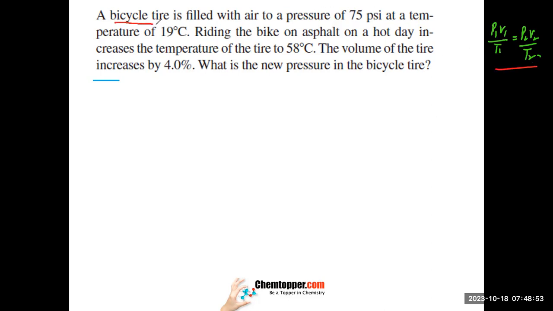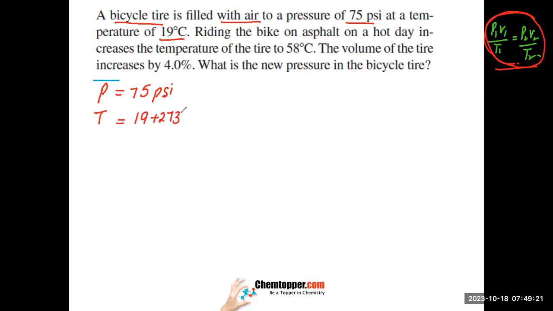There is a bicycle tire filled with air at a pressure of 75 psi. So I'm writing pressure of the bicycle tire as 75 psi. There is no need to change the unit right now because here I'm not using R. There is no R here. So don't worry about the unit. The only thing is units have to be the same on both sides. But temperature definitely in Kelvin.